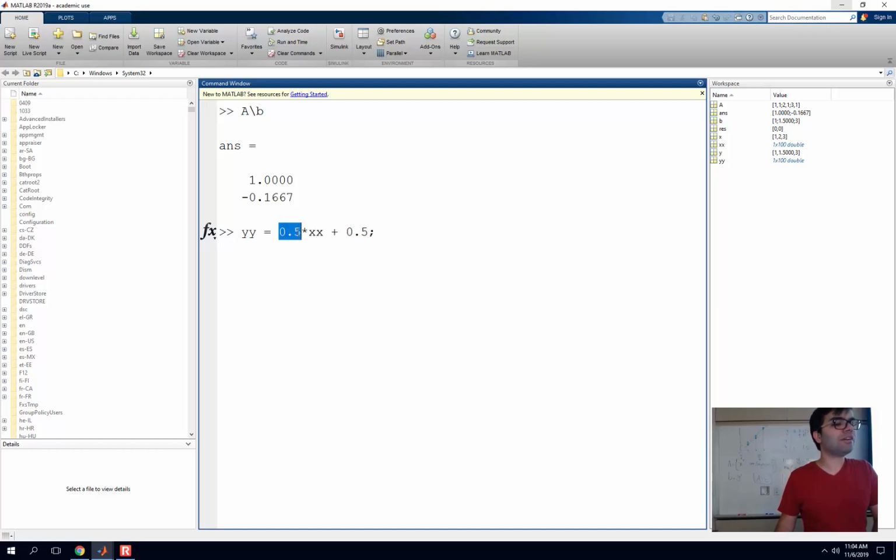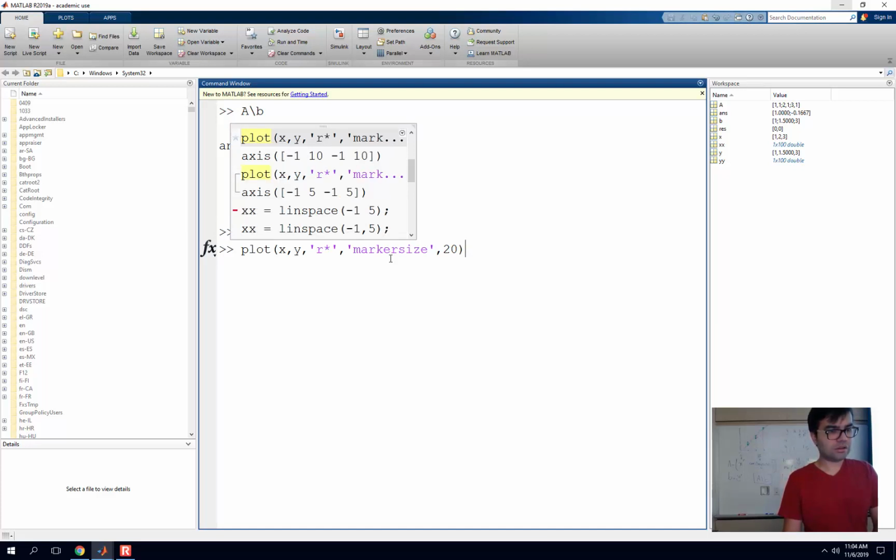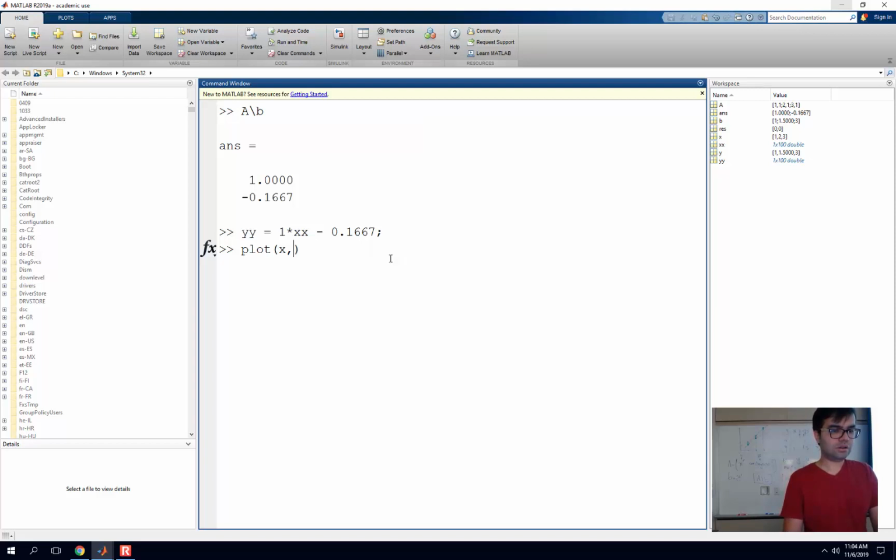Now we have 1 times x plus negative 0.1667. Now I can plot this line. Plot x comma y. Which color should I use? Green dashed line.